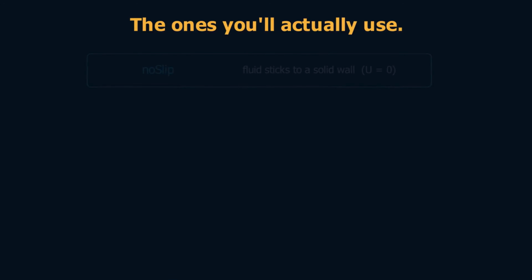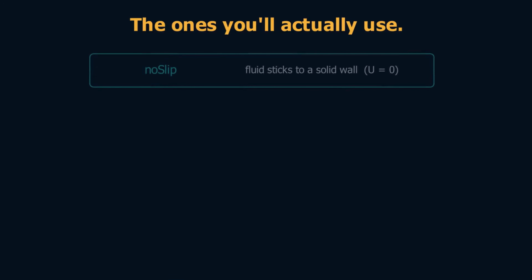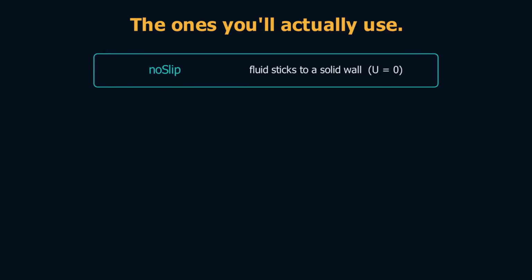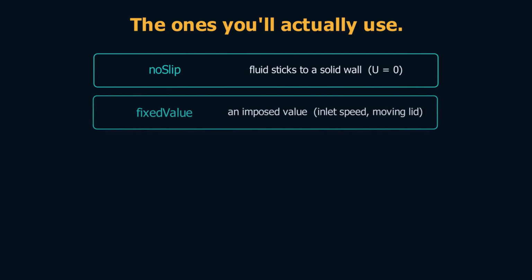So let's meet the common named conditions, each one a physical situation, not just a keyword. NoSlip, the everyday wall. Real fluid sticks to solid surfaces, so velocity is zero there. It's just a fixed value of 0, named for clarity. Fixed value, any imposed number, the speed at an inlet, or the moving lid in our cavity.